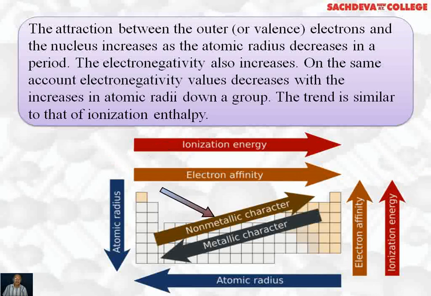Non-metallic character increases from left bottom to right top, and metallic character goes on increasing from right top to left bottom, which is shown diagonally. So this diagram will be very helpful to remember the trends of these periodic properties.